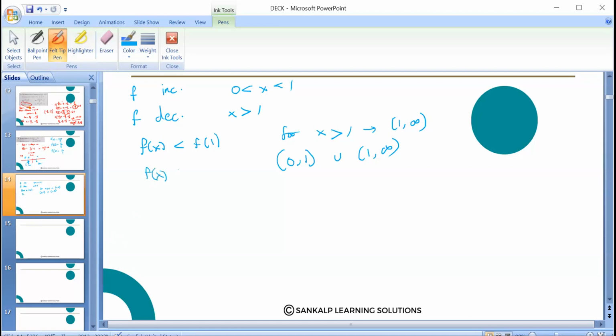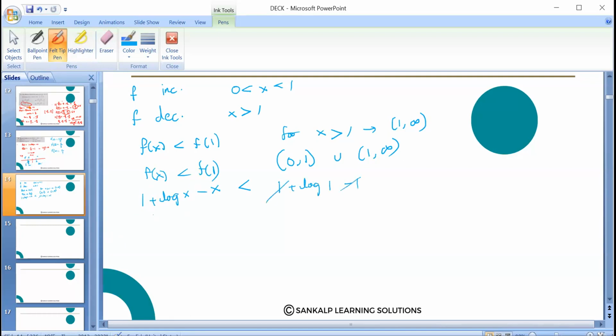That means f of x will be less than f of 1. So 1 plus log of x minus x is less than 1 plus log of 1 minus 1.